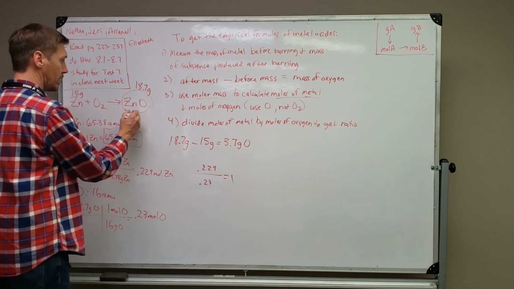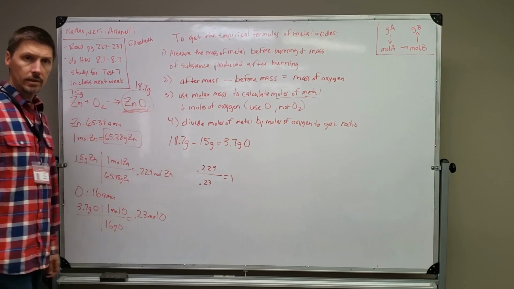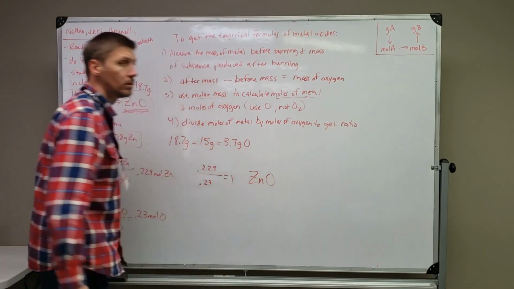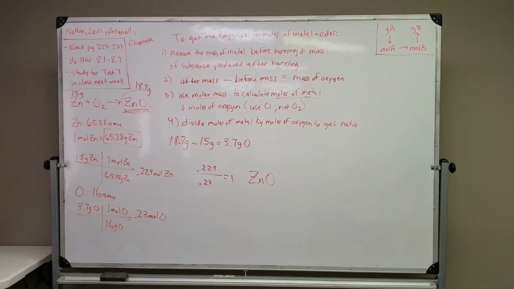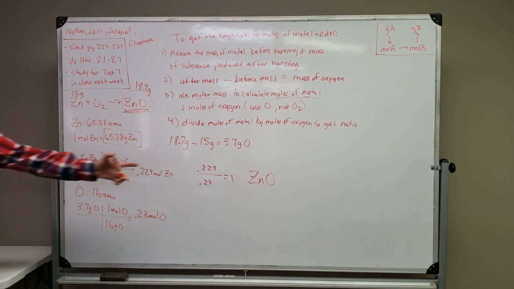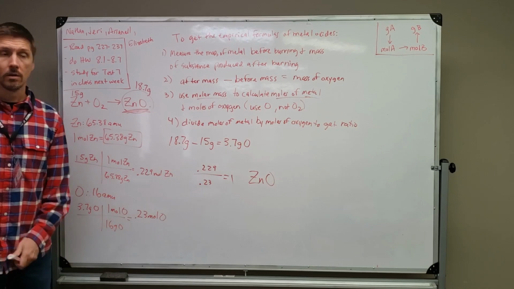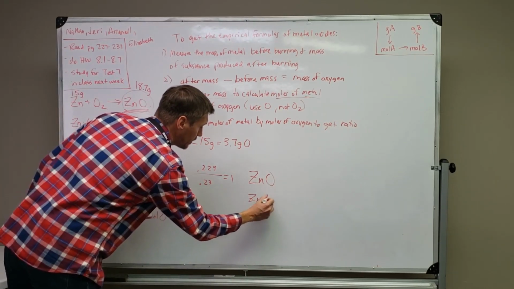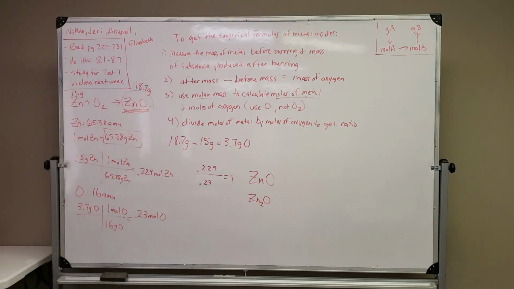So it turns out this is our empirical formula. It's ZnO. If we'd gotten a 2 here, then that would have meant that for every 2 zinc atoms, we have 1 oxygen atom. See how that works? That's our ratio.